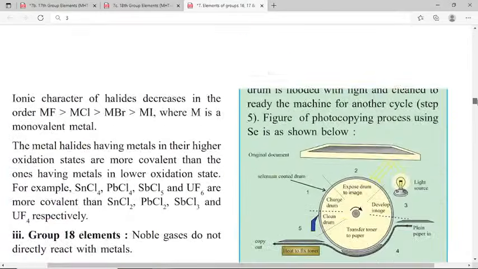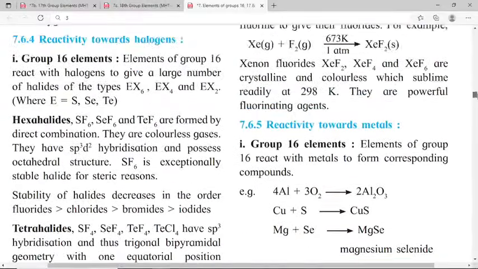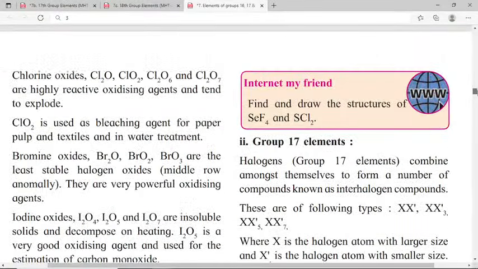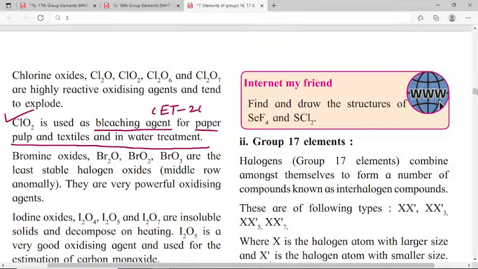ClO2 is used as a bleaching agent for paper, pulp, textile and water treatment. CET 2025.